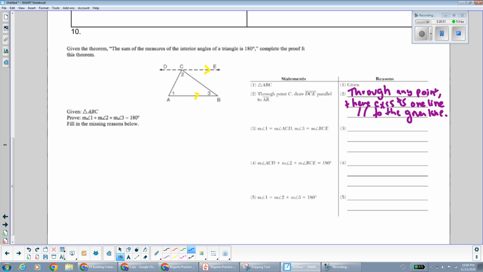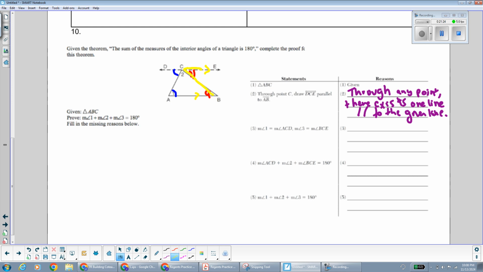Then it's telling us the measure of angle 1 equals the measure of angle ACD. Oh, and that's because, let's think about this for a second, they are alternate interior angles. Seems to keep coming back. And angle 3 is congruent to angle BCE.